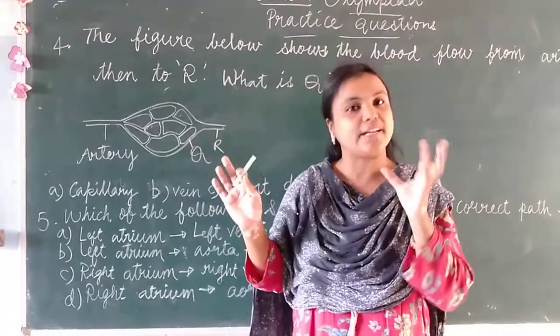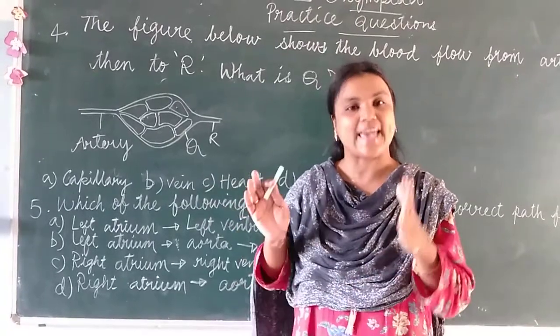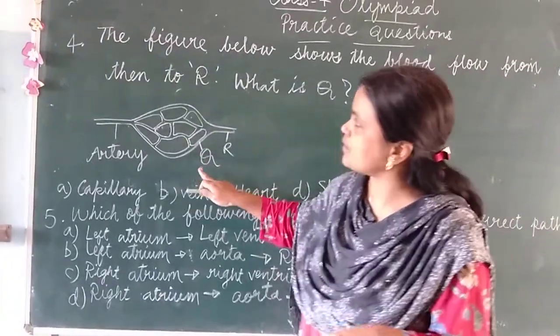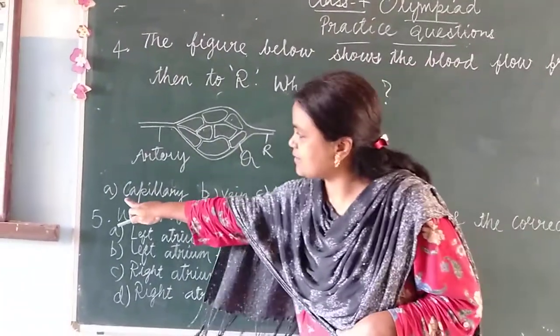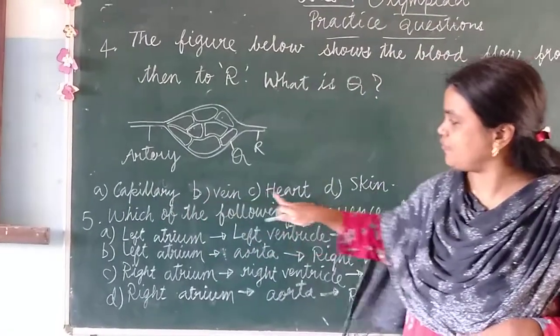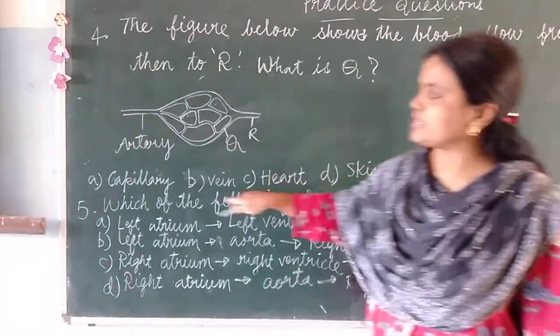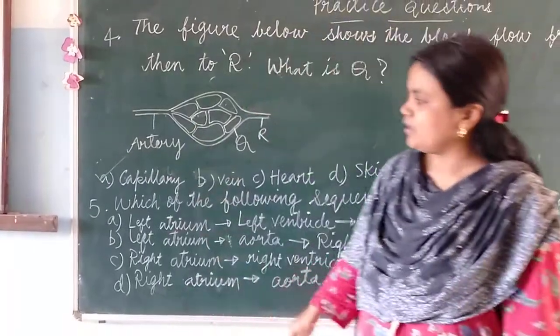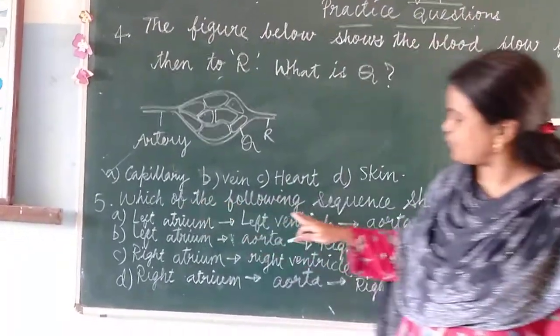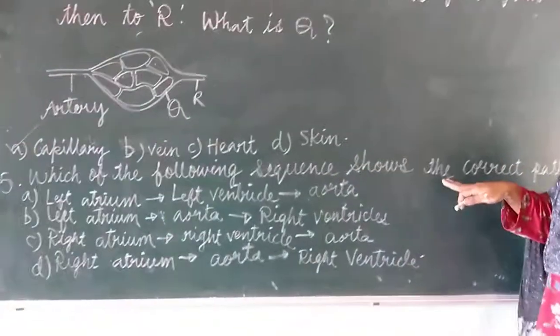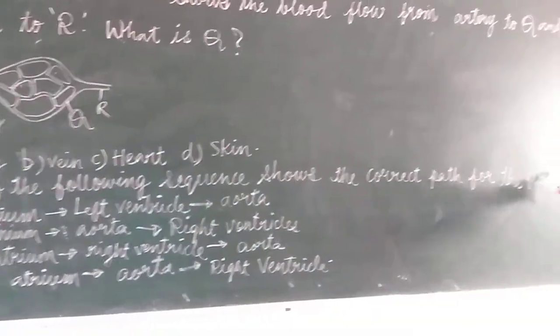It is nothing but the network of blood vessels, which is blood capillaries, children. Okay? So Q is capillary. You can see here options are given: A capillary, vein, heart, and skin. So it is capillary.